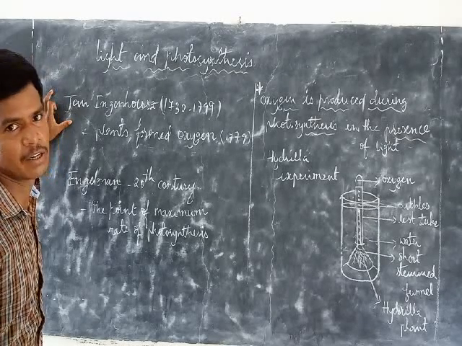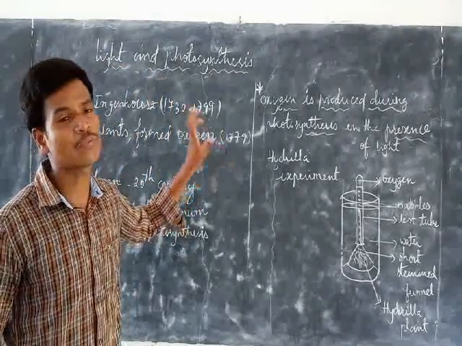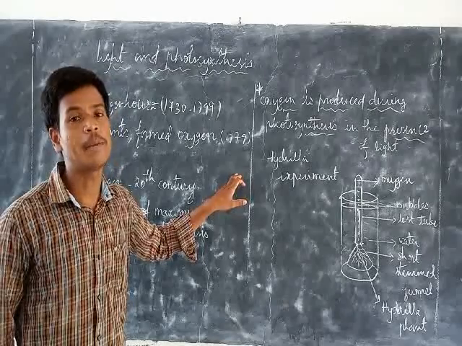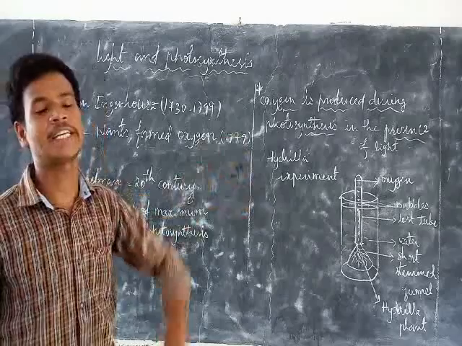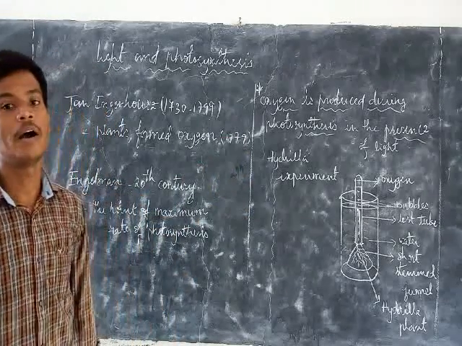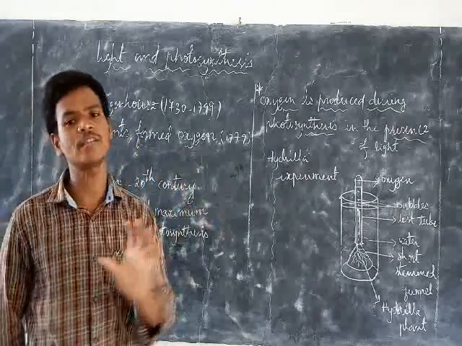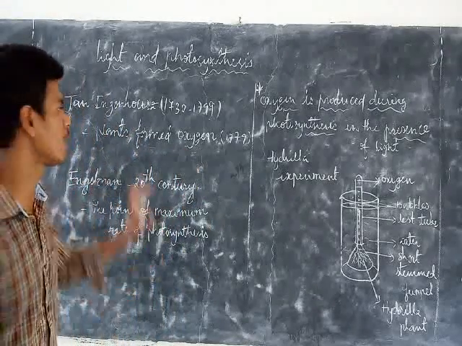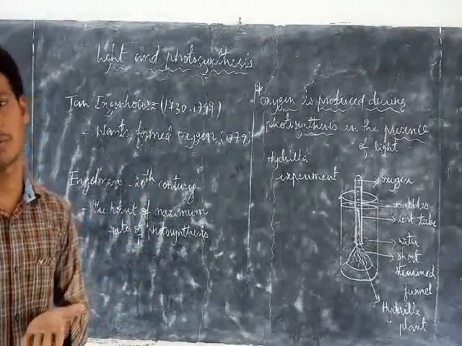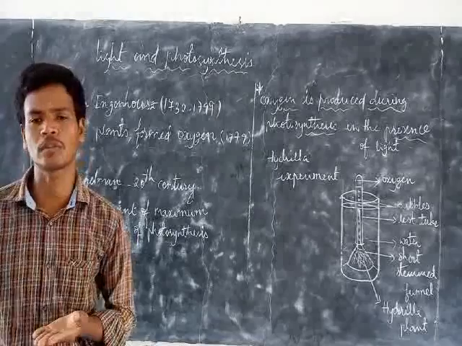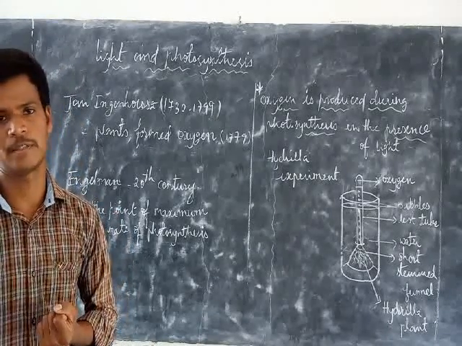He noticed that plants formed oxygen in the presence of light energy. So light is an energy source that helps in the process of photosynthesis.